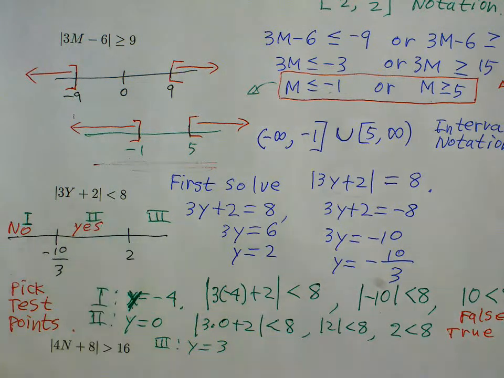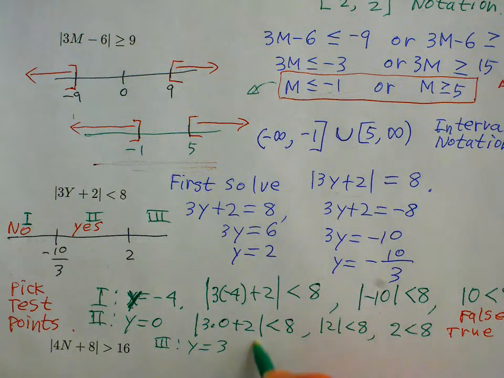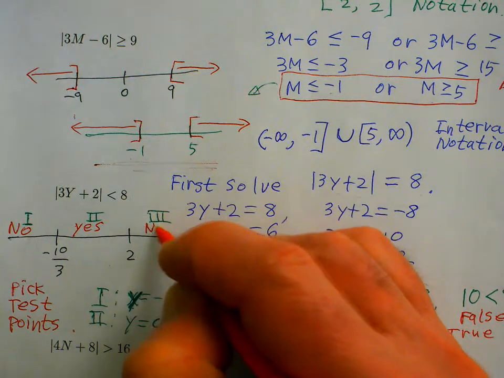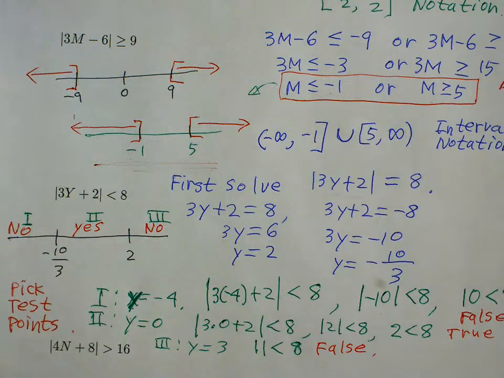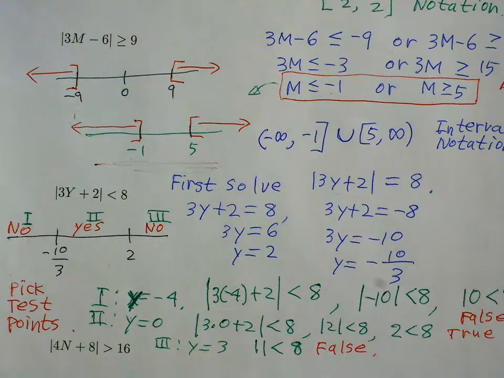The absolute value of 11 is 11, and 11 less than 8 is false. So that means none of the numbers in that third interval are solutions. Since the inequality that we started out with does not have the or equal to part, that means we exclude the endpoints.